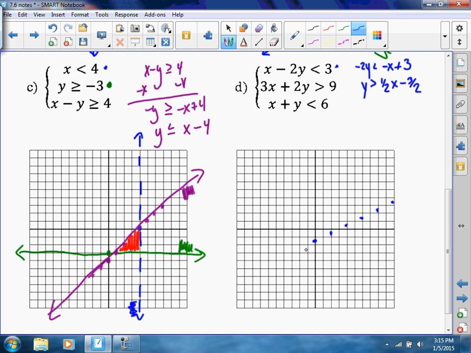It's just kind of irritating to go down a whole unit and back 2 whole units. Down a whole and back 2. Down a whole unit and back 2. So you're staying at that halfway mark the whole time. And we want a dashed line to connect them. And then it was greater than, so I want to shade above.